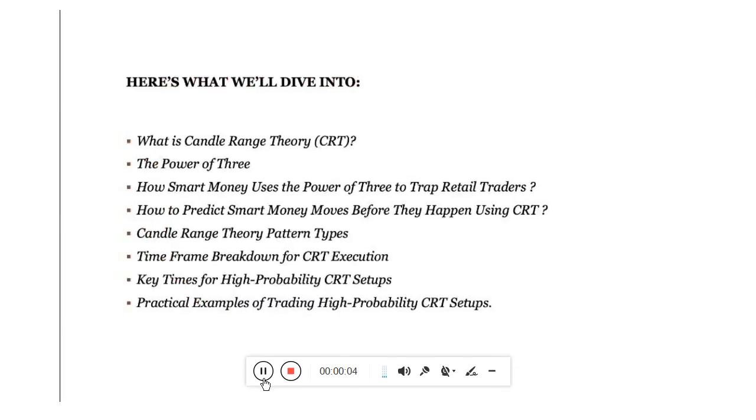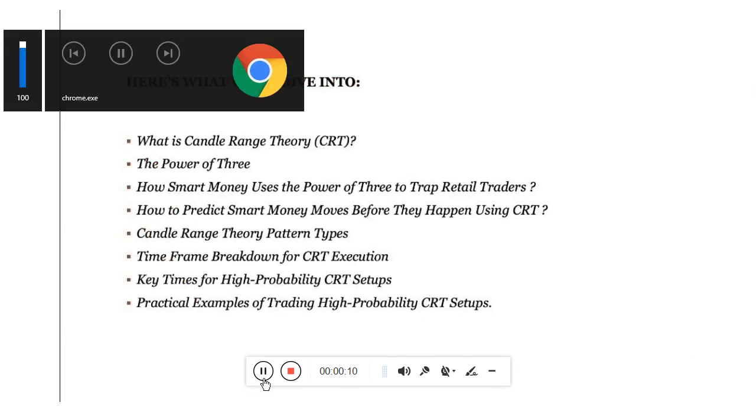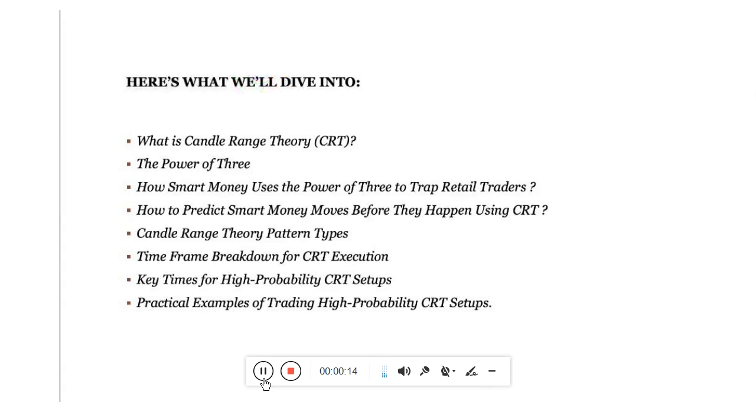So today I've decided to do a very deep dive into the power of three, or the CRT candle and power of three. After my first video on how to predict the next candle and how you can trade the daily range candle within 30 minutes, I've gotten a lot of feedback from people that they really need to understand how to use these two concepts, and to bring them back to your CRT pattern.